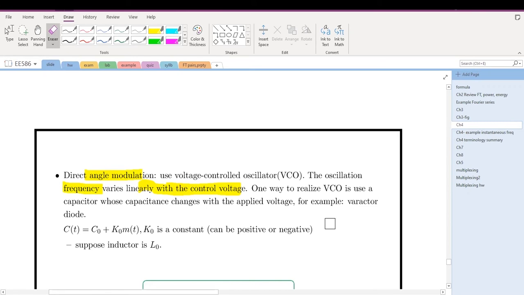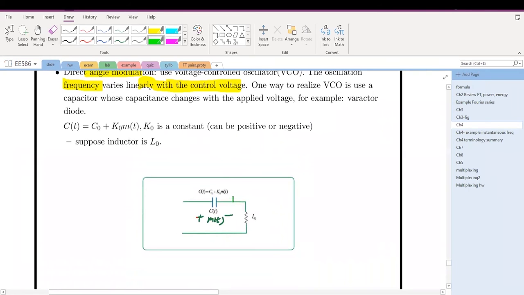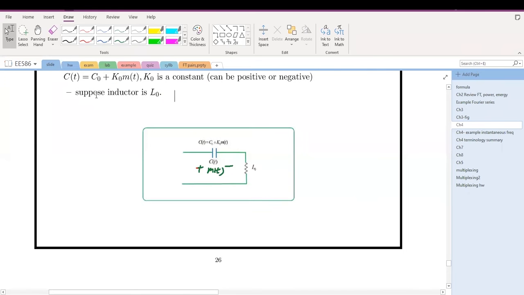For example, one such device is a varactor diode. The capacitance is equal to C0, the nominal capacitance, plus K0 multiplied by m(t). Here m(t) is the voltage applied to the varactor diode, and K0 is a constant that depends on the device and can be positive or negative. We assume the inductance is L0.